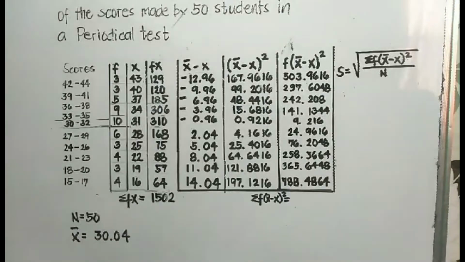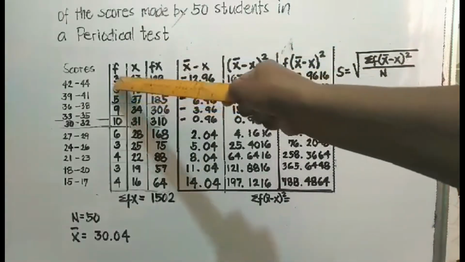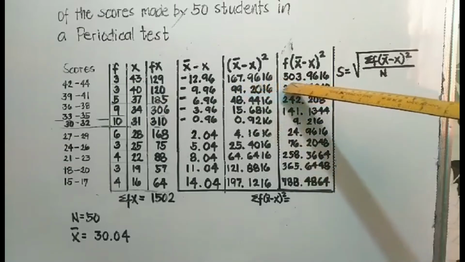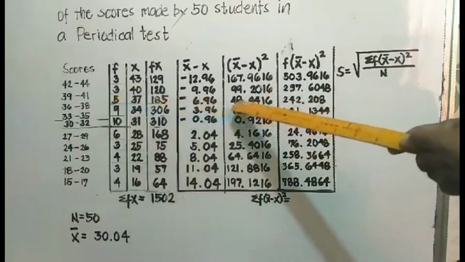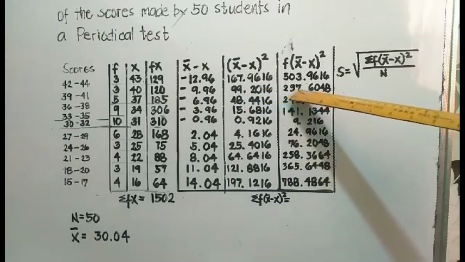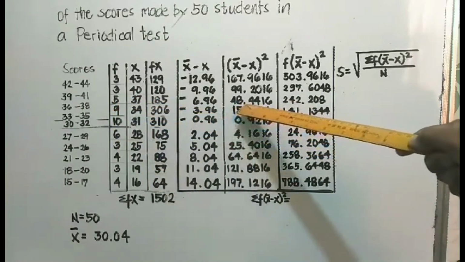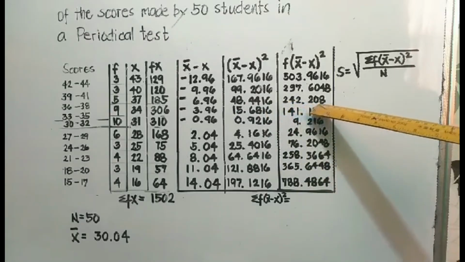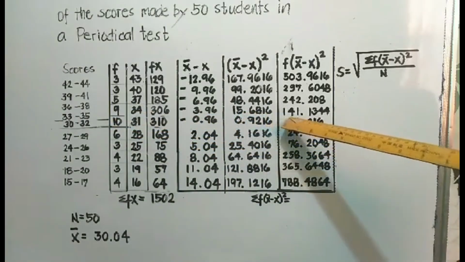For example, 3 times 167.9616 is equal to 503.9616. 3 times 99.2016 is equal to 297.6048. 5 times 48.4416 is equal to 242.208. 9 times 15.6816 is equal to 141.1344.